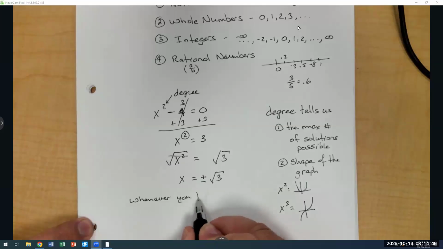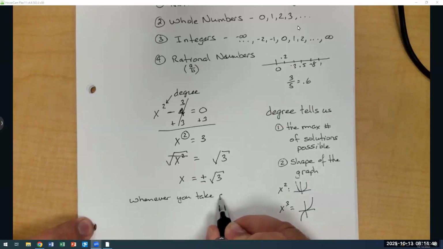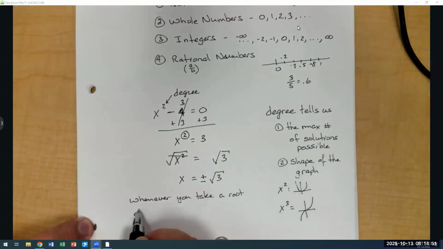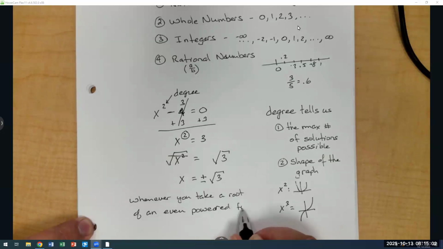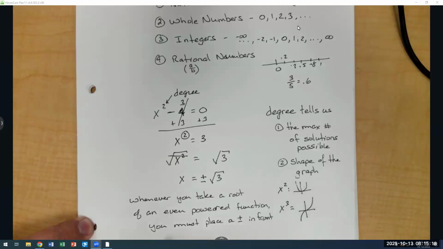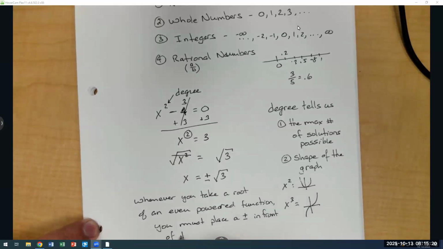Whenever you take a root of an even powered function, you must place a plus and minus in front of the solution.